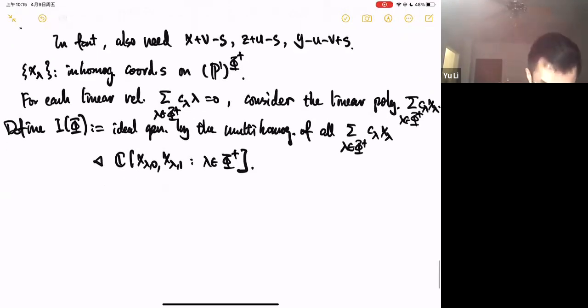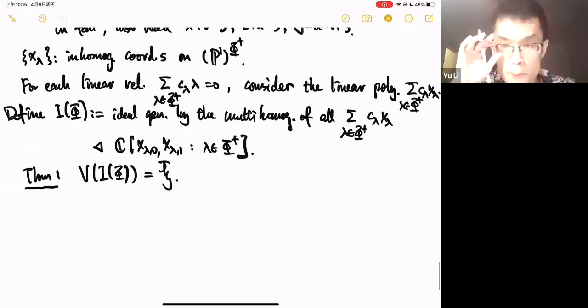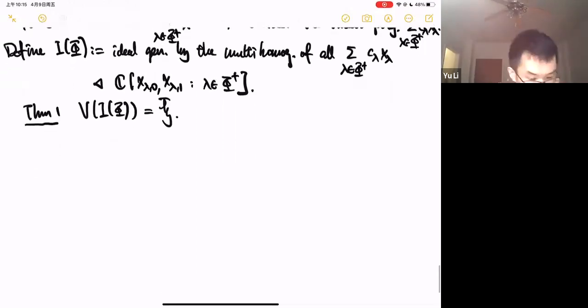And now my first theorem for today is that the vanishing locus of this ideal is precisely H bar. Okay, so what you have to do is look at all linear relations satisfied by the positive roots. Later, if I have time, I'll maybe give you a smaller set of generators. All right.